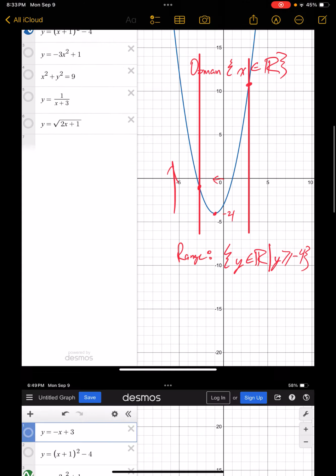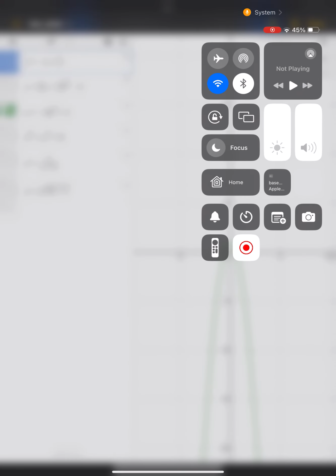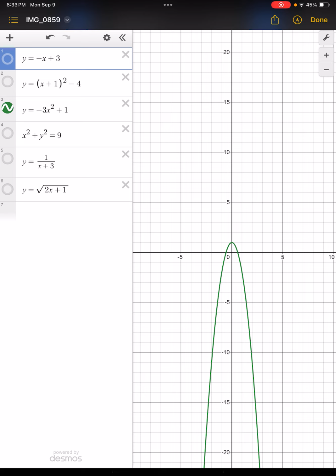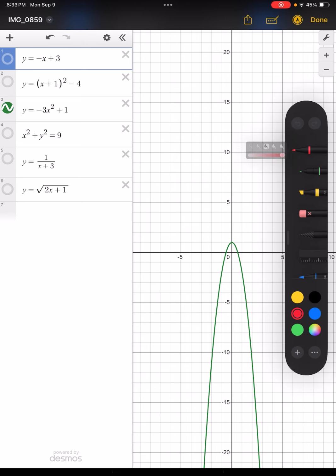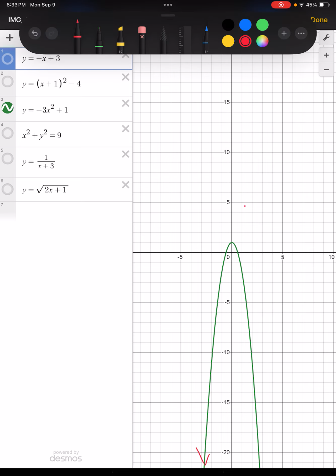Done. We have our domain, which goes in every direction, in the x direction.